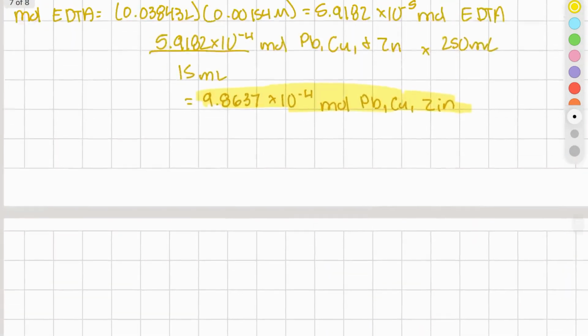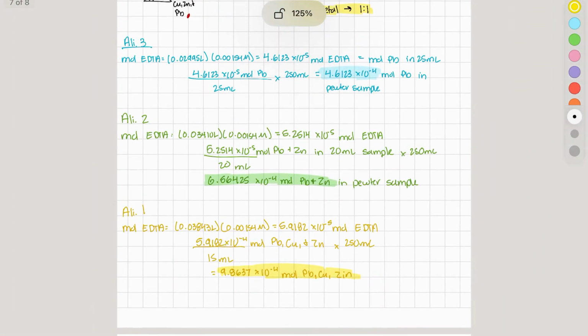So, we have quite a good bit of information already. But what we can do is use this info to figure out how much of each metal is in the sample. So, we can start with aliquot 3. We can start with lead because that one is the most simple.